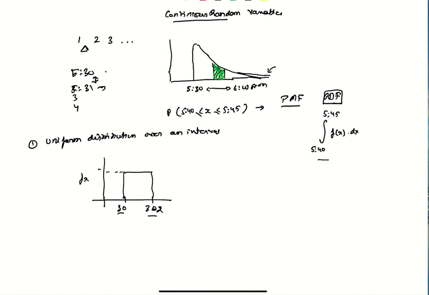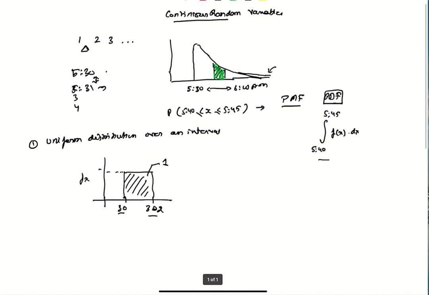This is the law of total probability we have seen before, which says that the total probability needs to be 1, so the area of this whole thing needs to be 1. So if the area needs to be 1, we know that area is length times height for any rectangle. So 1 is equal to length times height. So height becomes 1 by length.